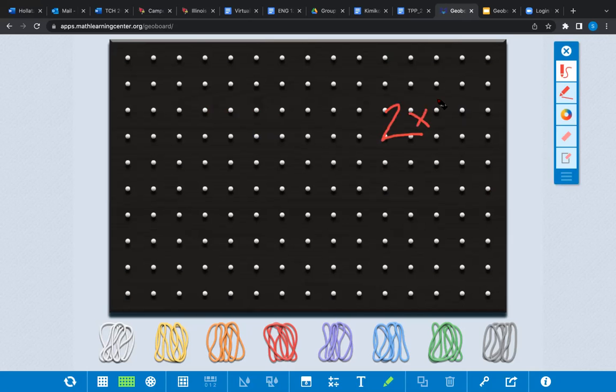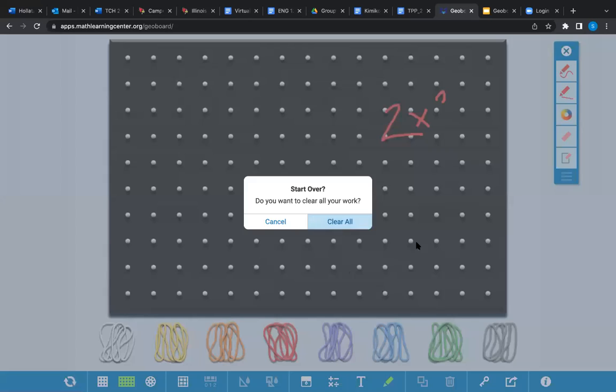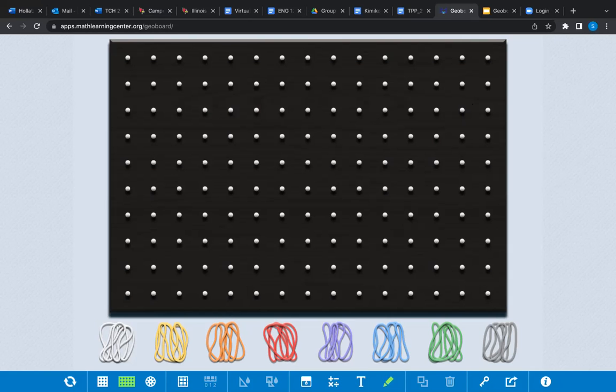So let's write 2 divided by 2 equals. Okay, so now let's get the purple. I love purple. Okay, so purple 2. This is kind of tricky.